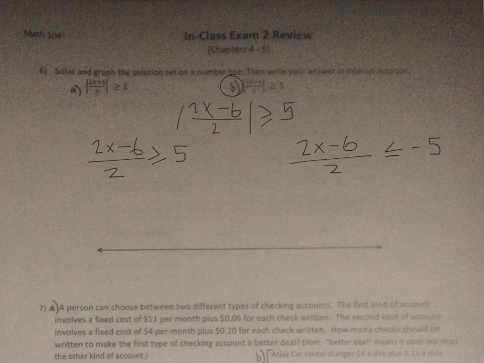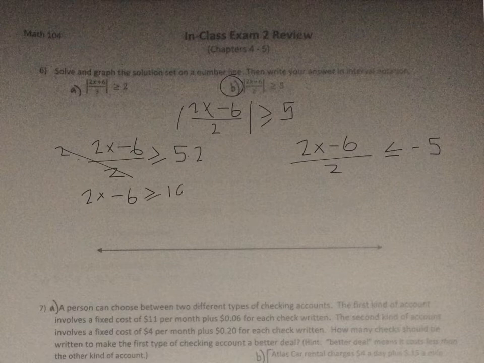Then we're going to solve through this problem. If I multiply both sides by 2, that cancels the 2 out. 2x minus 6 is greater than or equal to 10. Add the 6 over. 2x is greater than or equal to 16. So x is greater than or equal to 8.